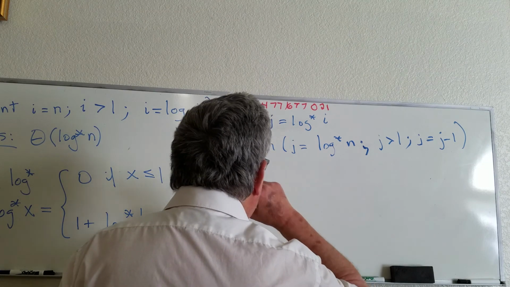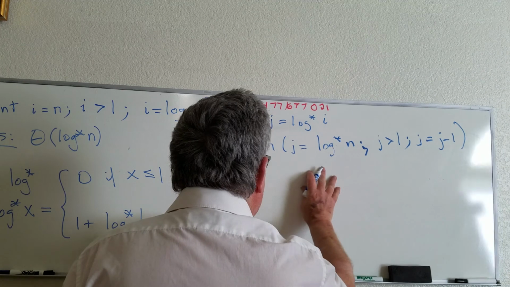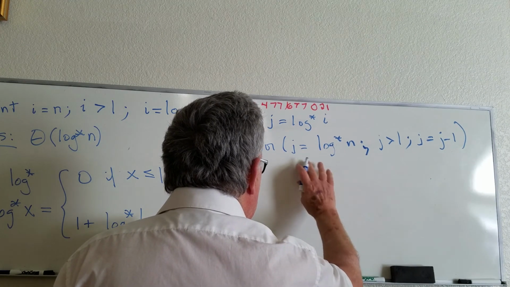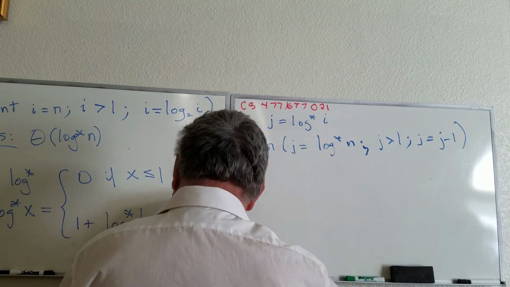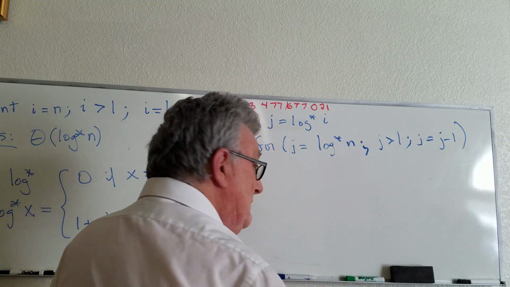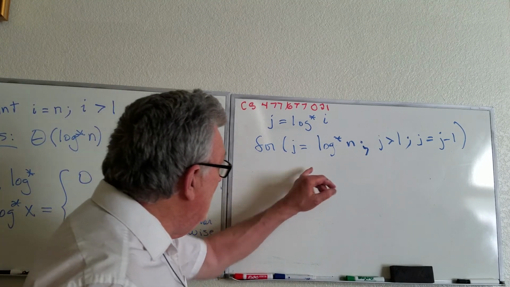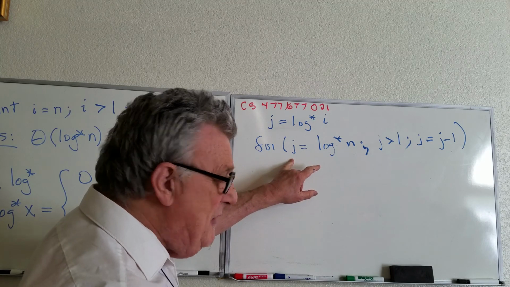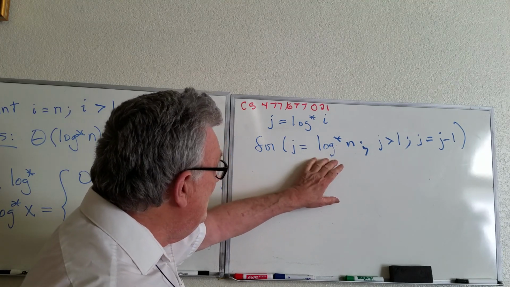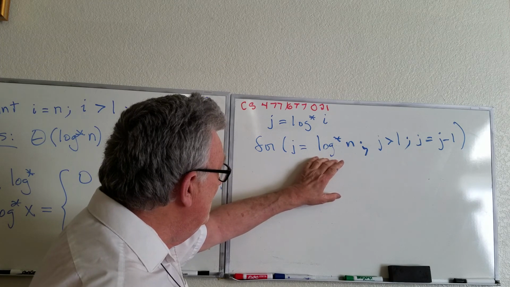So now let's solve this one. j equals log star n, that's the initial value. Try to think of it this way. We're decreasing j by 1 every time. If we start with this value, how many times do we have to decrease it before it reaches 0?